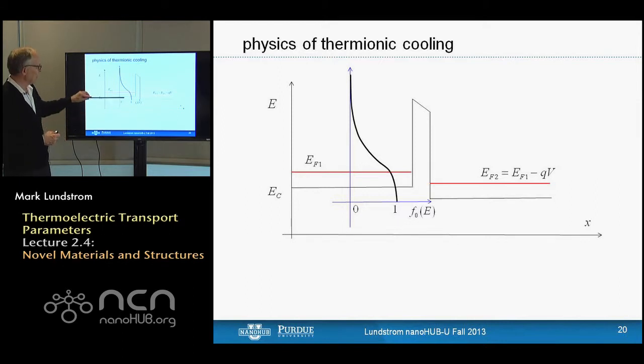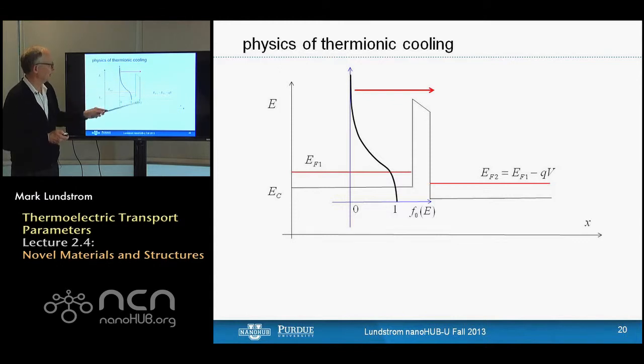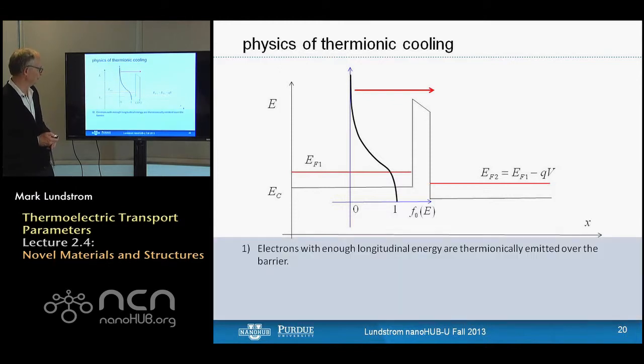In the N+ region to the left of this energy barrier, we have a thermal equilibrium Fermi-Dirac distribution of electrons. The probability that states are occupied is close to 1, well below the Fermi level, and very small, well above the Fermi level. Electrons that have a longitudinal energy above the barrier height can flow from contact 1 to contact 2.